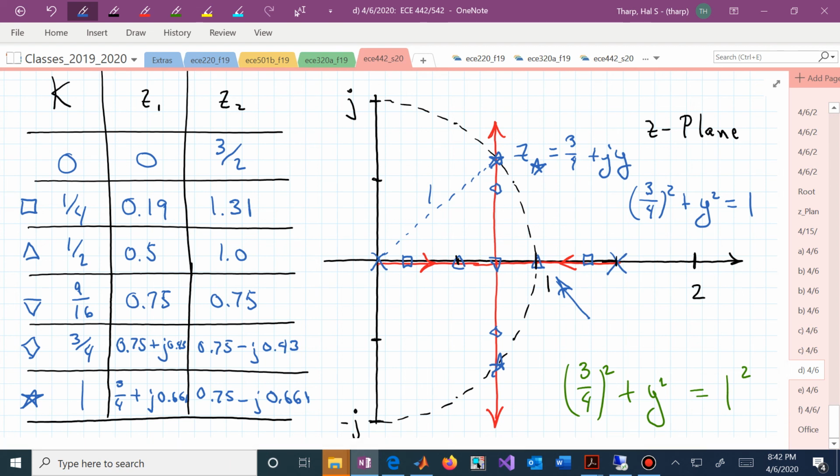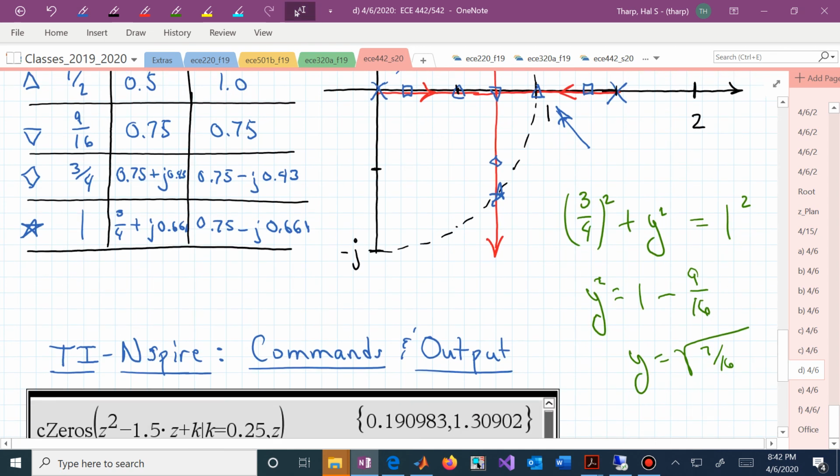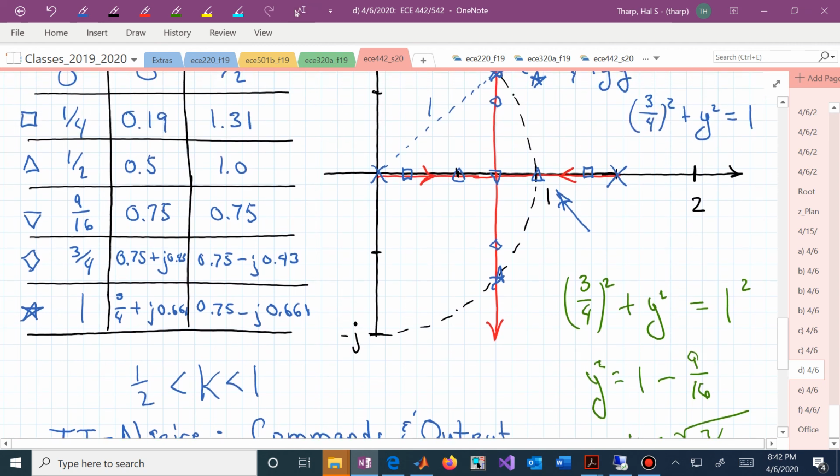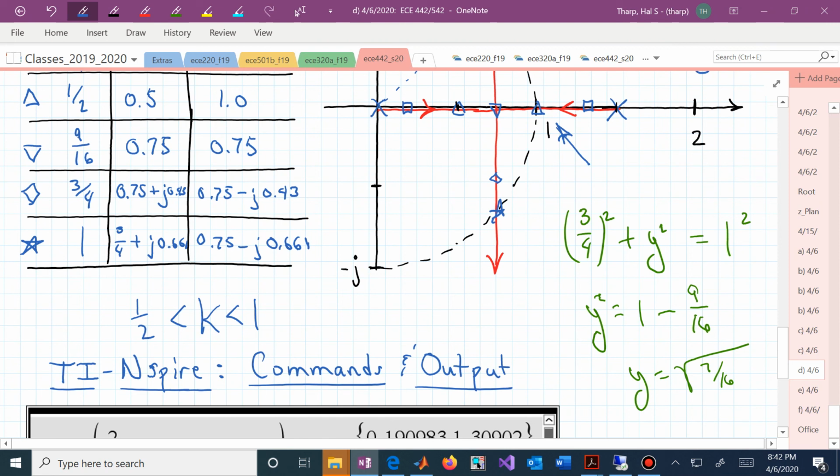And k cannot exceed the value of k to get us beyond the unit circle, because once we continue to crank up the gain k beyond that value, we will go unstable. The k then, to yield stability in this case, is going to be between 1/2 and 1. That will allow us closed loop stability as long as k is between 1/2 and 1.